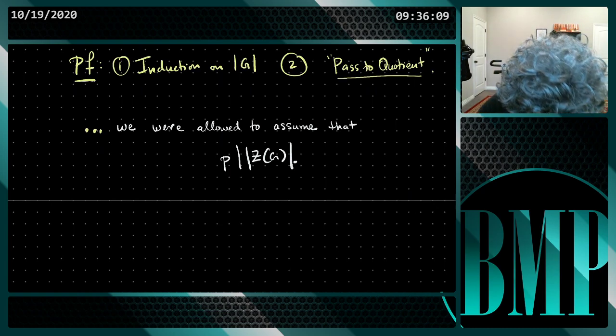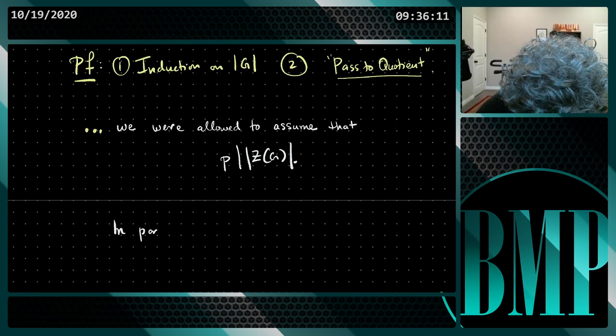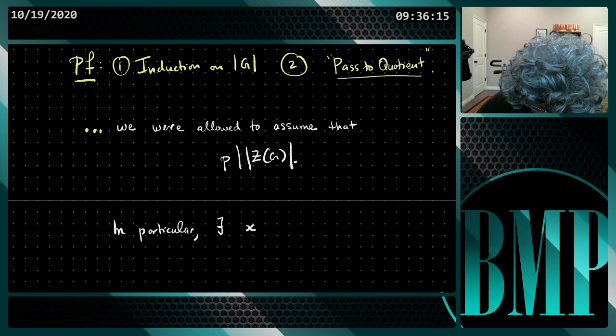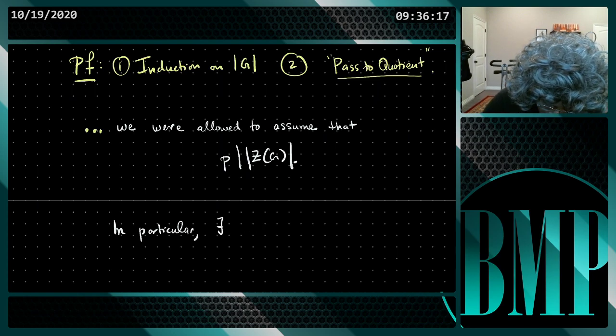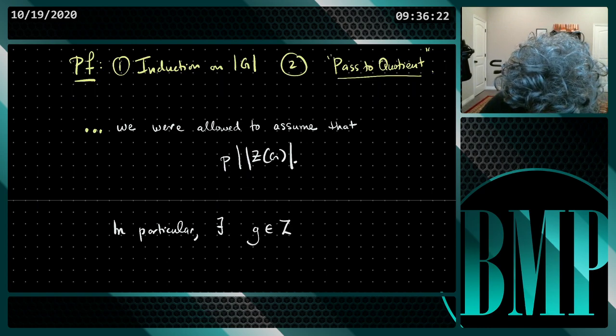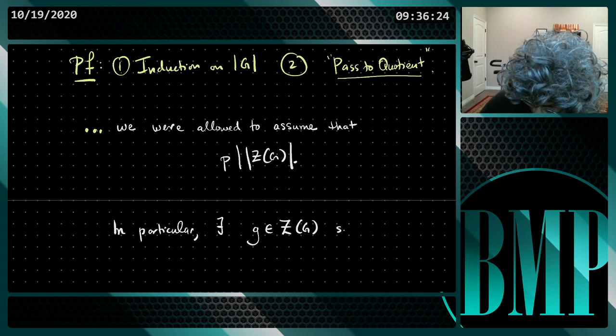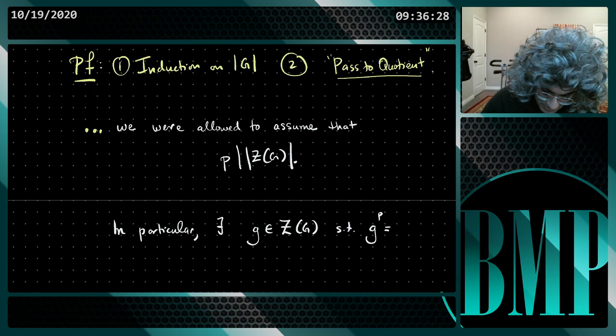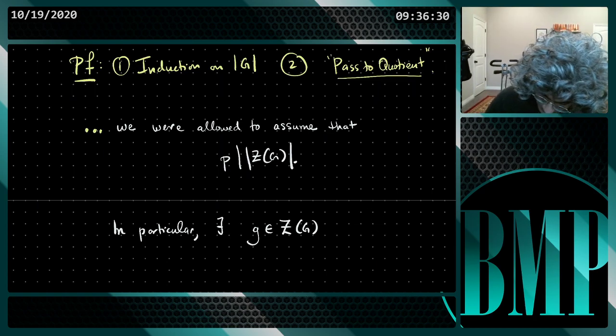And so in particular, there exists an element g such that g to the p is the identity, which has order p.